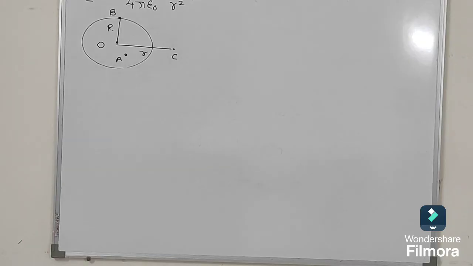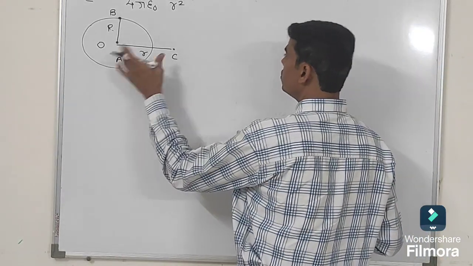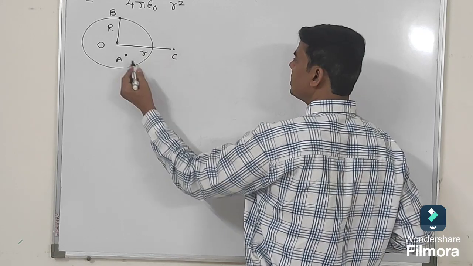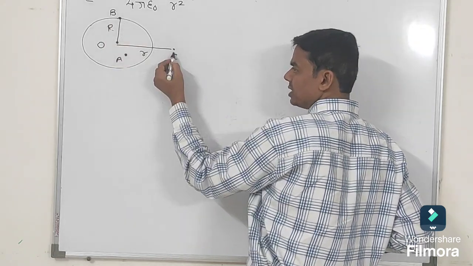Let us understand the situation. We are discussing Gauss's application for finding electric intensity due to a charged sphere. Suppose that Q is the charge situated on the surface of this sphere. We are discussing three cases: a point inside, on the surface, and outside the surface.